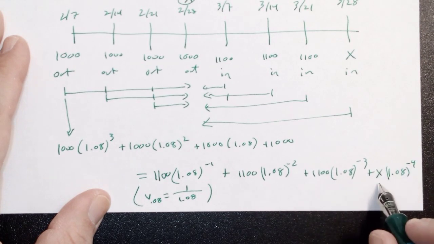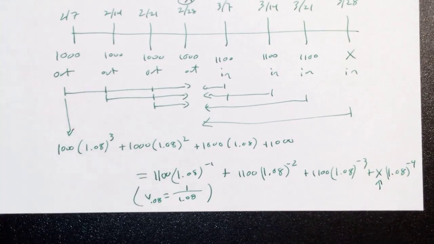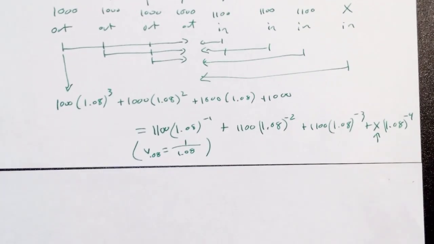Now notice, there's the x that I want to solve for. Ready for the sneaky part? I'm going to multiply by 1.08 to the fourth. Why am I going to do that? If I multiply by 1.08 to the fourth, what's next to this x? 1.